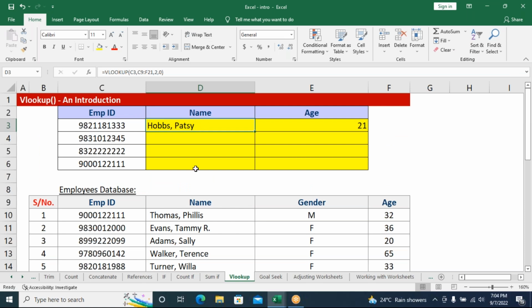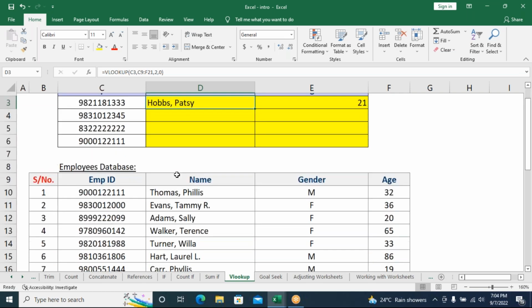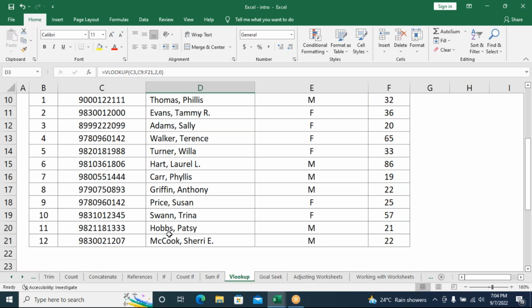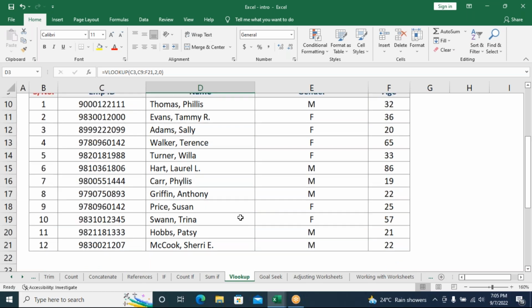Here I am looking up this employee ID, 982118133. When I see, it is Hobbs and Patsy. I want to search for the name and then for their age.